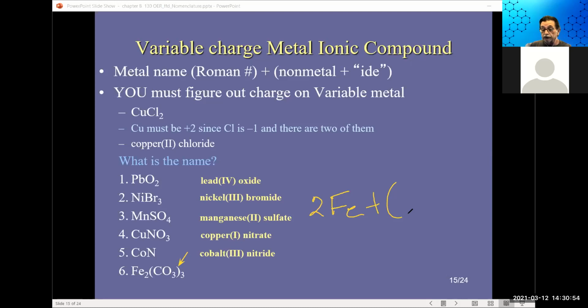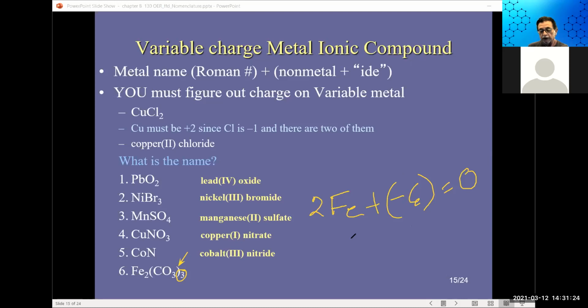So we have a total charge of -6 for the carbonates. The CO3s, each one is a -2, and we got 3 of them, and -2 times 3 is -6. And so we have our algebraic equation set up here. So we've got 2Fe plus -6 equals 0.